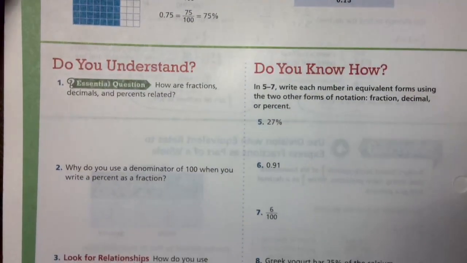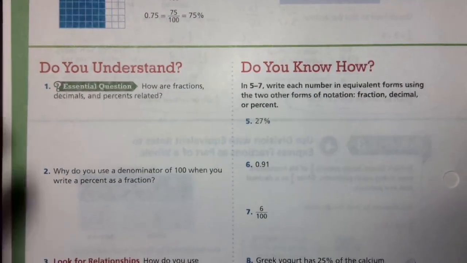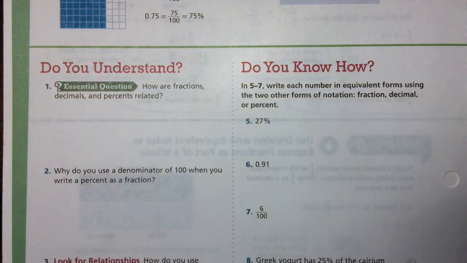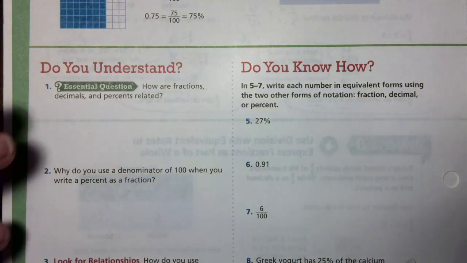How are fractions, decimals, and percents related? Well, don't tell me they're cousins, even though I did say that. But you got to tell me how they're related. They're different ways to describe parts of a whole.